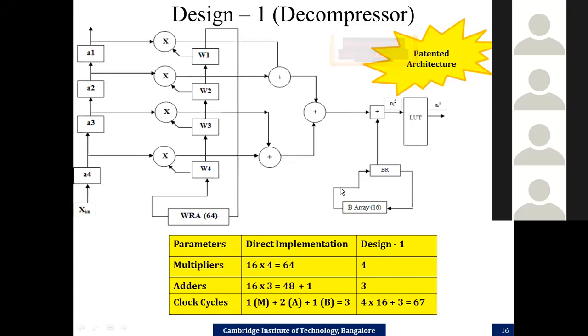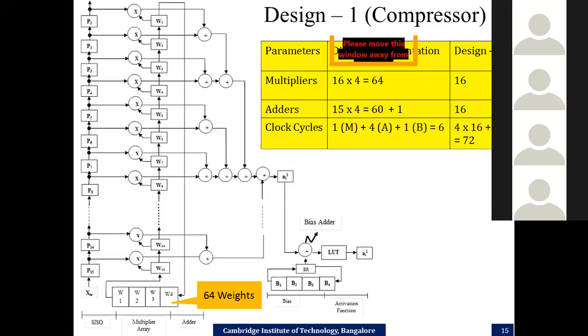In the compressor, you need 8 adders in the first stage, second stage 4, third stage 2, then 1.